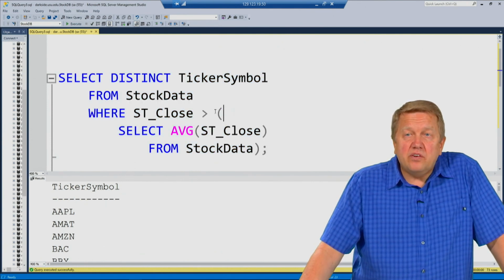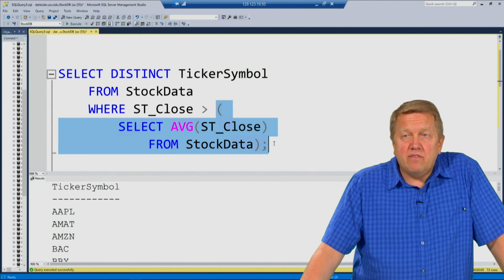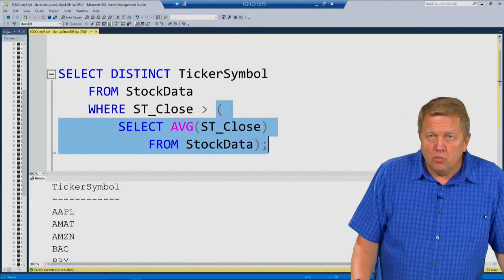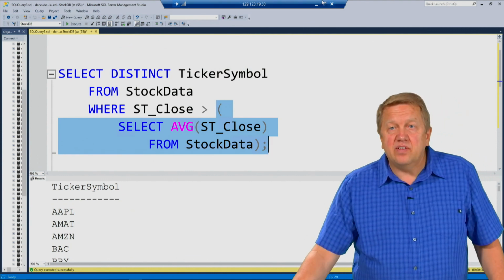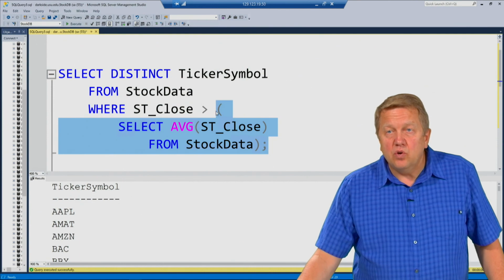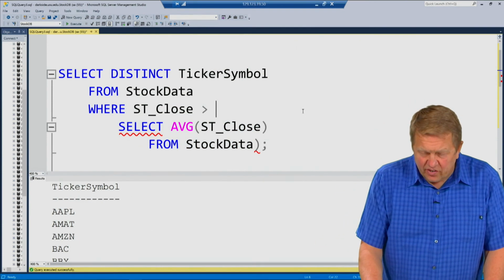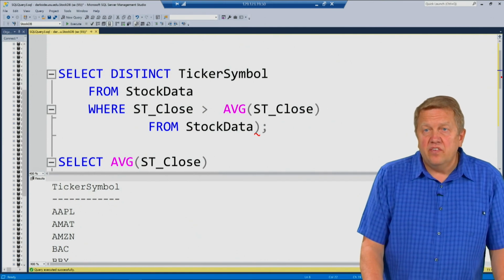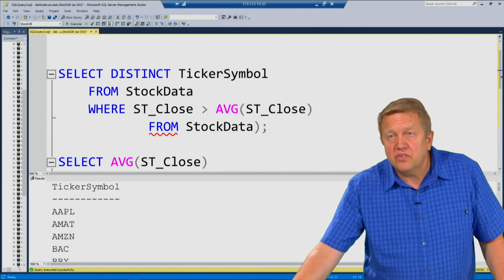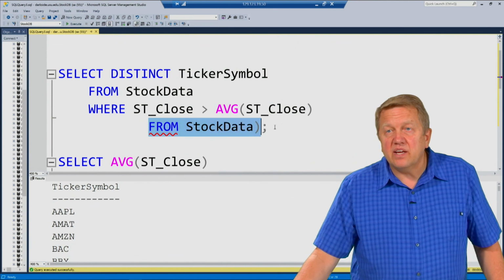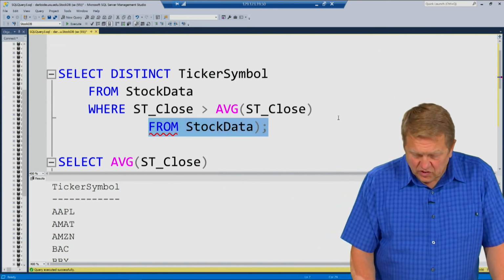Now, a lot of students, if they're not familiar with SQL, what they want to do is put where the closing price is greater than the average closing price. They want to do something like that.